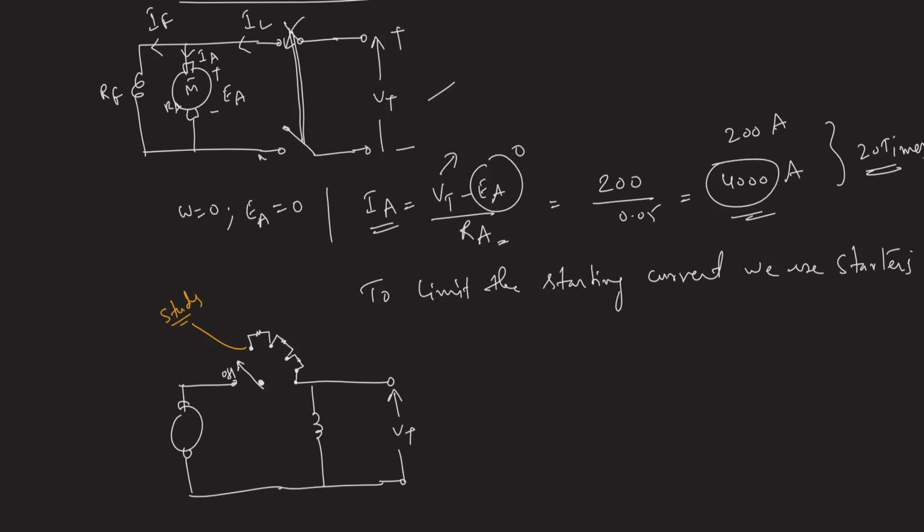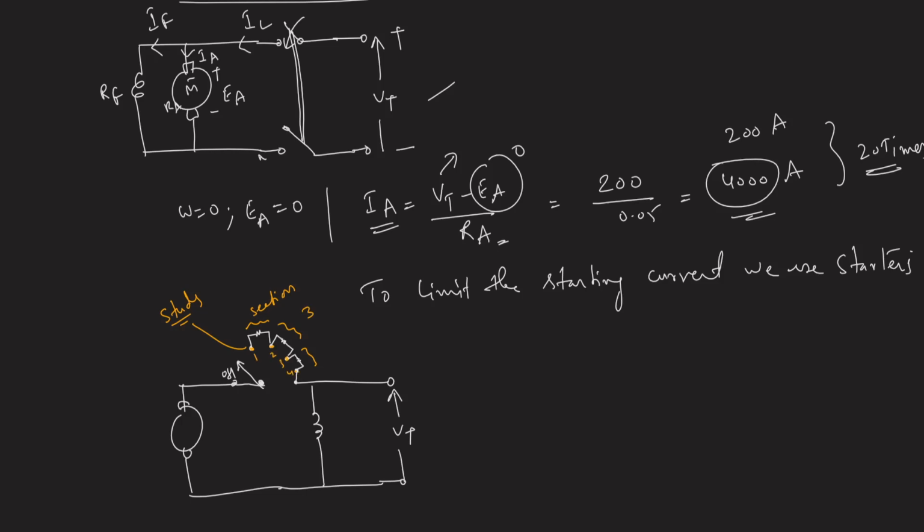From one stud to the next stud is one section of the starter. This is one section, this is one section, this is one section, and these are the studs. So if you have 3 sections, I will be having 4 studs: 1, 2, 3, 4 studs.